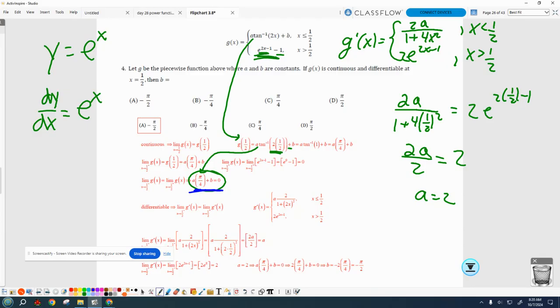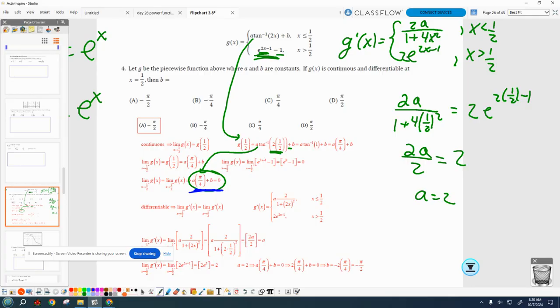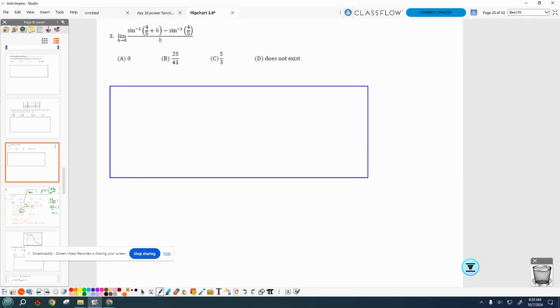But can we look at number 3 for a second? Are they asking us to do like sine a plus b and expand it out and do all the nasty stuff? Sita, what are they asking us to do? They're asking you to find the derivative of inverse sine x at 4 over 5.